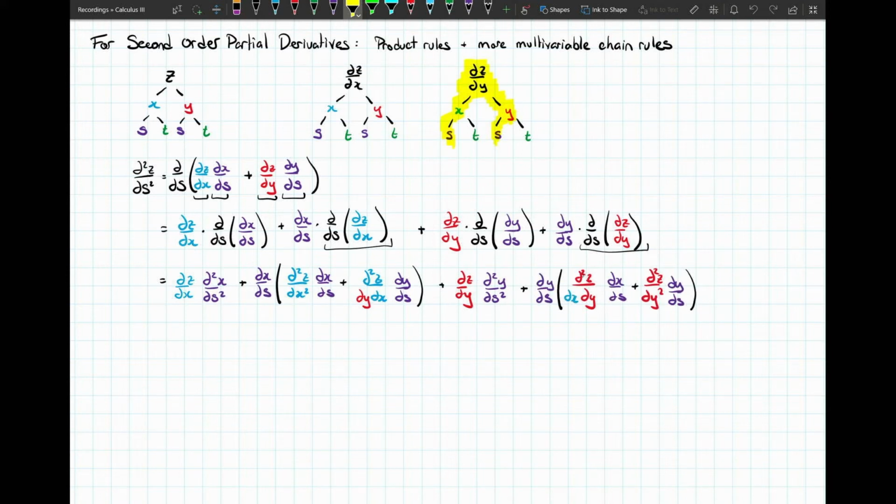We start off with del z by del y, and in the first branch, we then differentiate with respect to x. So we have del x del y in the denominator, and then del x by del s. And on the right-hand side of this multivariable chain rule, we have del squared z by del y squared. That's taking del z by del y, and then looking at the partial derivative with respect to y a second time, multiplied by del y by del s.